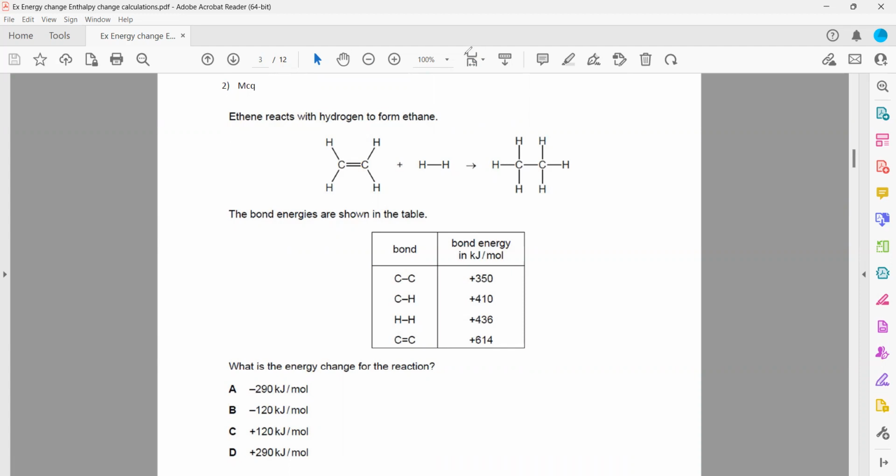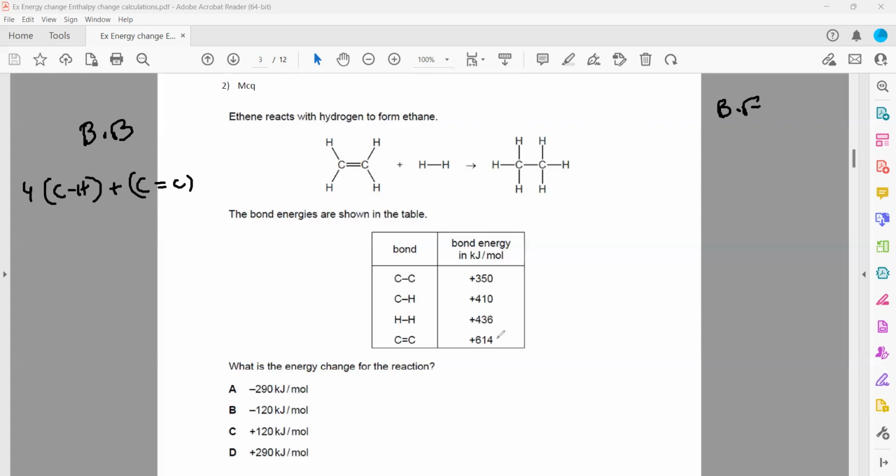Moving on to the second question. The reactant side is the bond breaking side, and the product side is the bond forming side. So we have 1, 2, 3, 4: 4 C-H bonds are there, plus a carbon-carbon double bond.